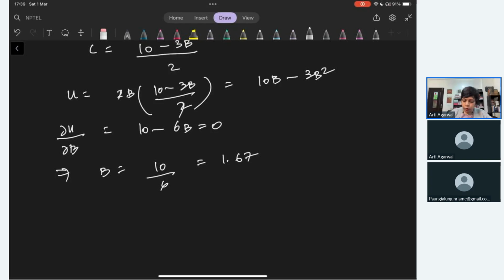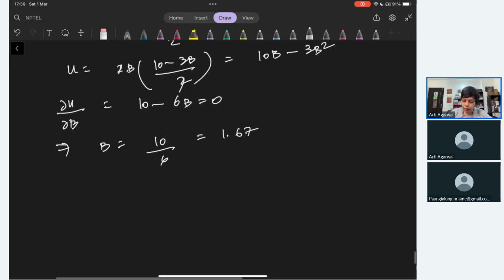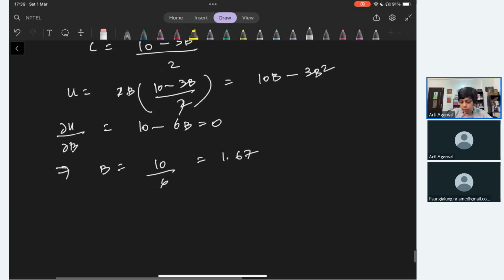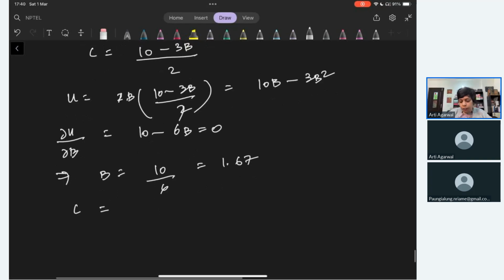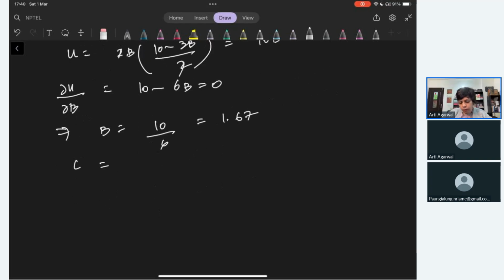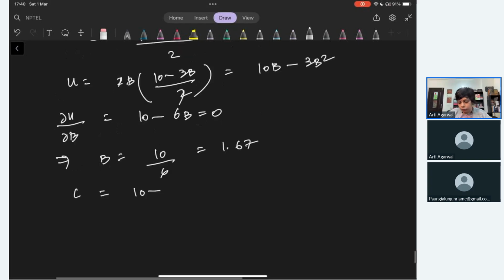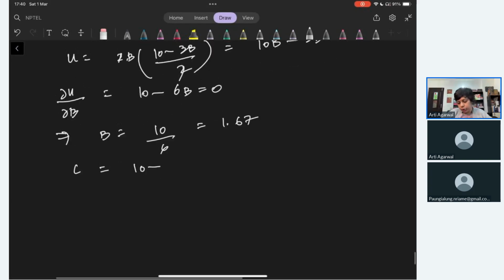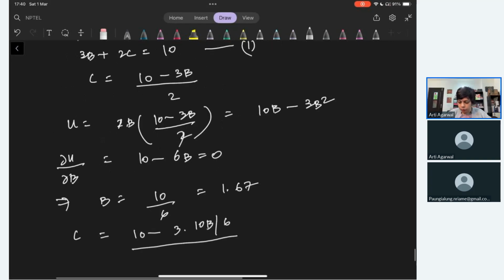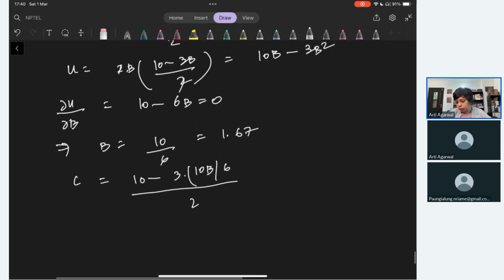And if you want to simplify the expression for C, this is 10 minus 3 into, let's say, 10B by 6. It's much easier to solve this way. 3 by 6 is 1 by 2. 10B by 2 is 5B. 10 minus 5B by 2.